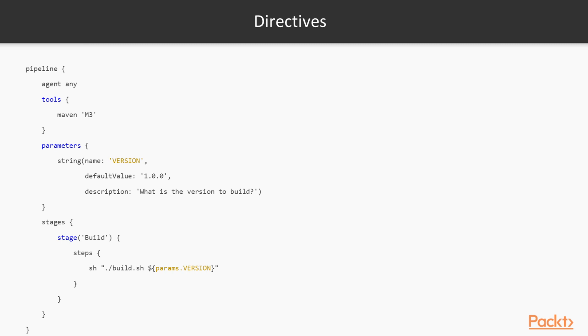In this case, I have a string parameter with the name version, and the default value is 1.0.0. The description of this parameter is what is the version to build. And later I have the stage directive, which contains some steps, and it's also using the parameter version. To use the parameter, you just need to define params dot the name of the parameter.